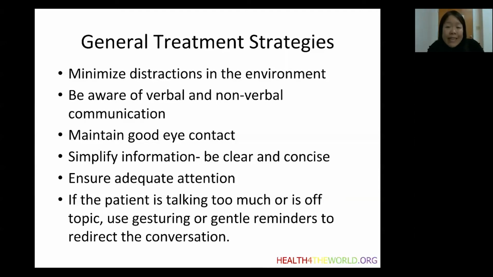Next, providing simple, clear, concise information. That I often find is very helpful across all stroke patients.